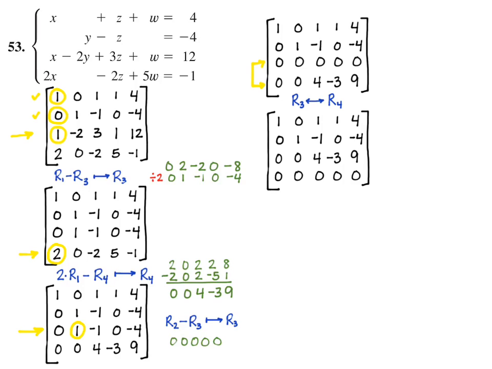What that means now is I'm only going to be able to solve for 3 of the variables, and the 4th variable can be anything I want, so I'm going to give it its own letter. You'll see that in a moment.